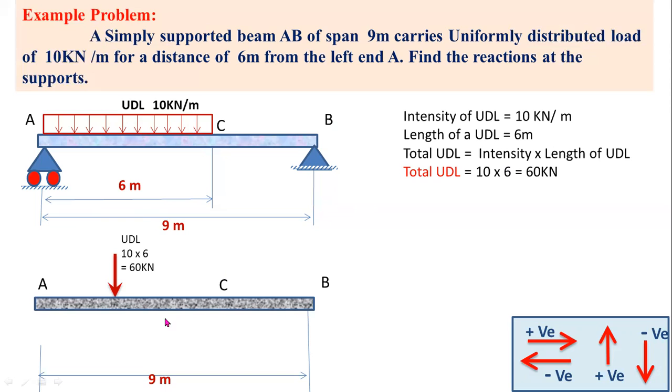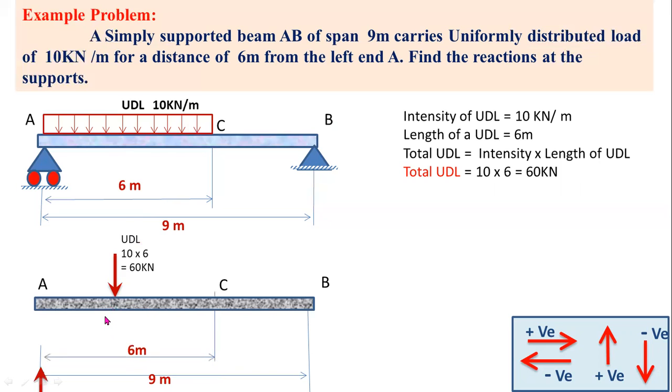This total UDL always acts at the midpoint of the UDL. Here AC is the length of the UDL, so you have to consider the midpoint of AC. That means the length of UDL equals 6 meters, so the total UDL always acts at the center of the UDL.